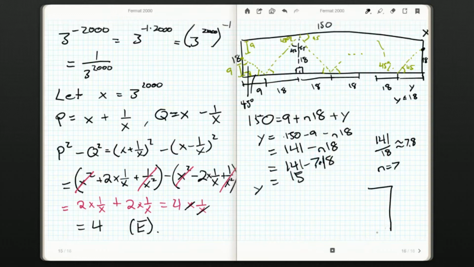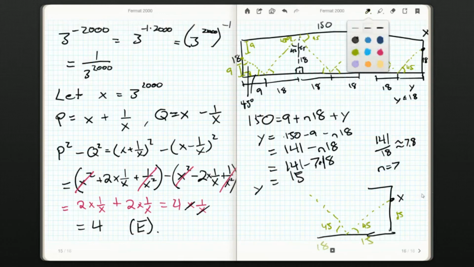So if we zoom in on the end, with our ant going backwards, I have a 15 here, and a 15 here, and this will be an 18 over here. And these are all 45-degree angles.